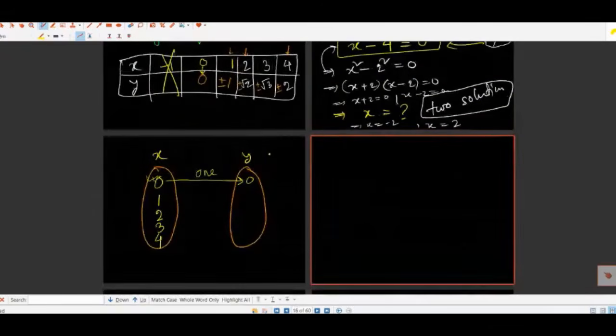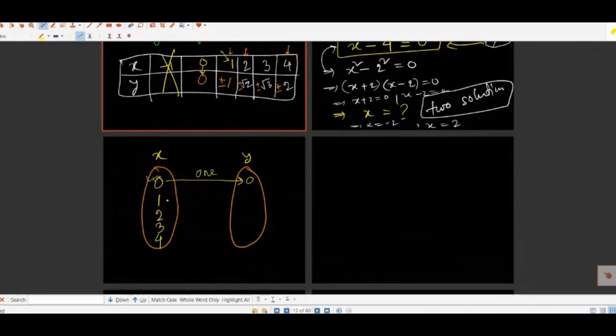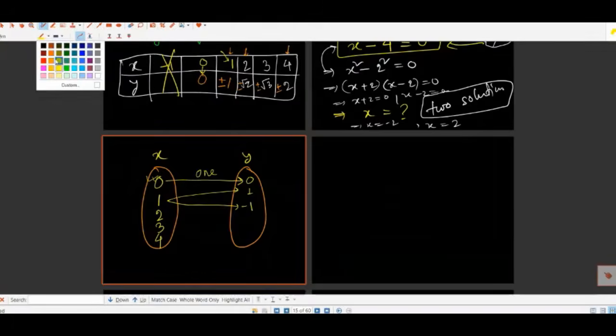So let's think about the second value of x. 1 corresponds to +1 and -1. This time, how many solutions have we found? 2. So this is a contradiction with the definition of function.